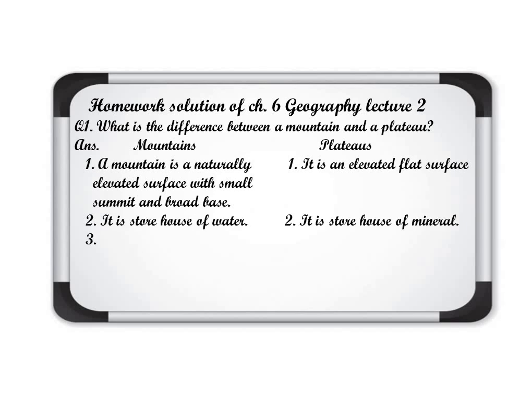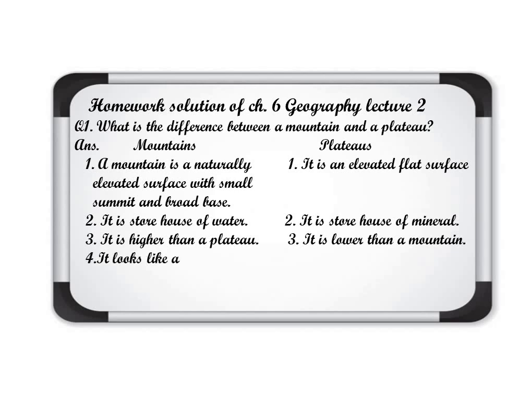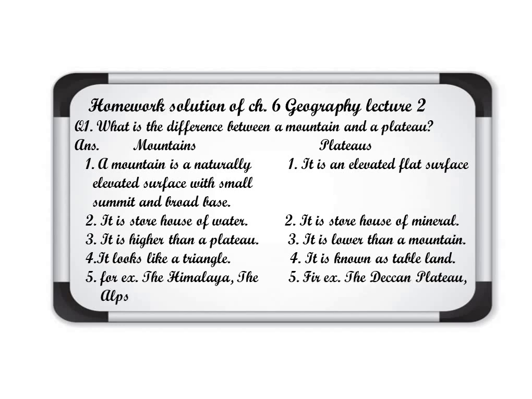Number 2, a mountain is a storehouse of water, and plateaus are a storehouse of minerals. A mountain is higher than a plateau, and a plateau is lower than a mountain. Number 4, a mountain looks triangular and a plateau is known as tableland. For example, the Himalayas and the Alps are mountains, and the Deccan Plateau and the Tibet Plateau are plateaus.